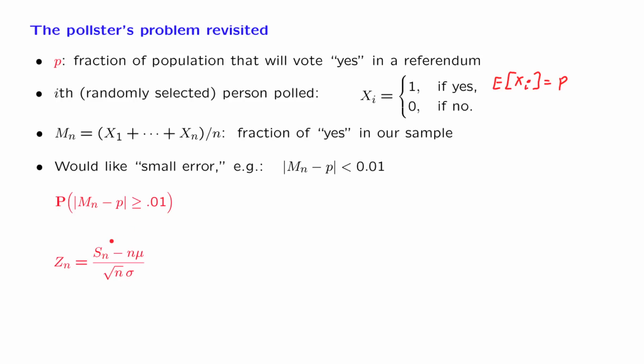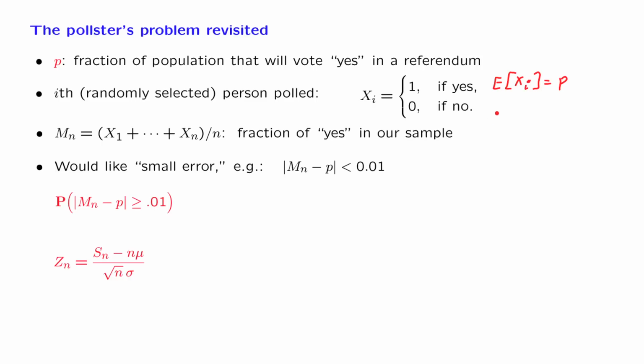The central limit theorem involves the standardized version of the random variable Sn, where Sn stands for the sum of the X's. We know that this random variable Zn is approximately normal, and what we want to do now is to take this event and rewrite it in an equivalent way, but which involves the random variable Zn. So let us start. First we note that here we have a mu and a sigma, so we should know what these are.